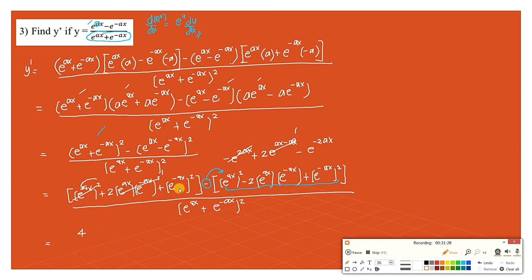Pero dito sa part na to, positive e raised to negative 2ax minus e raised to negative 2ax. So, cancel din pala to. So, ang natira na lang ay 4 over e raised to ax plus e raised to negative ax.